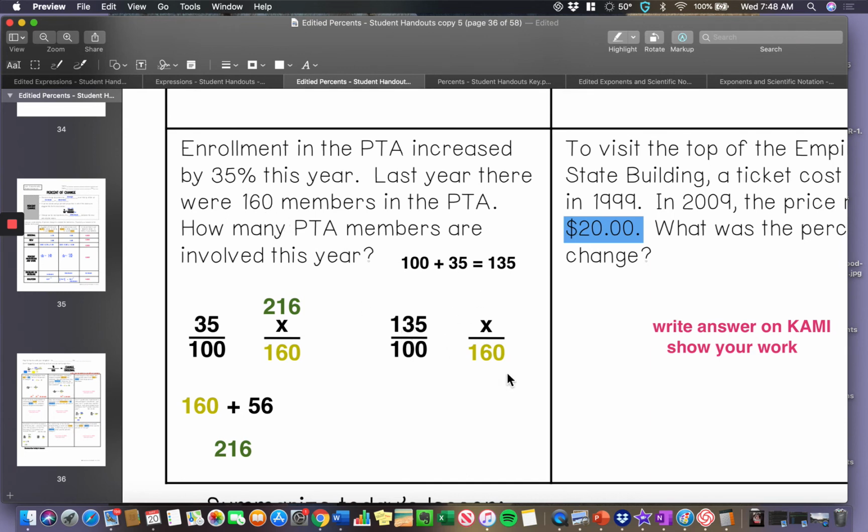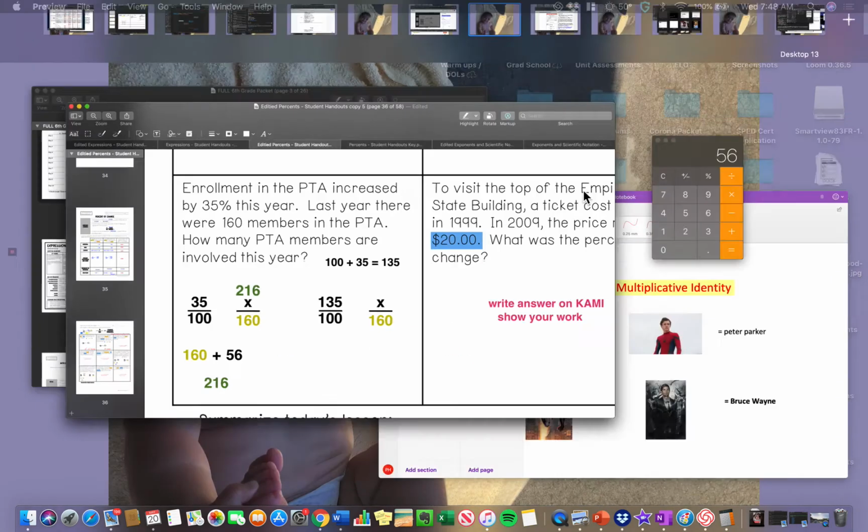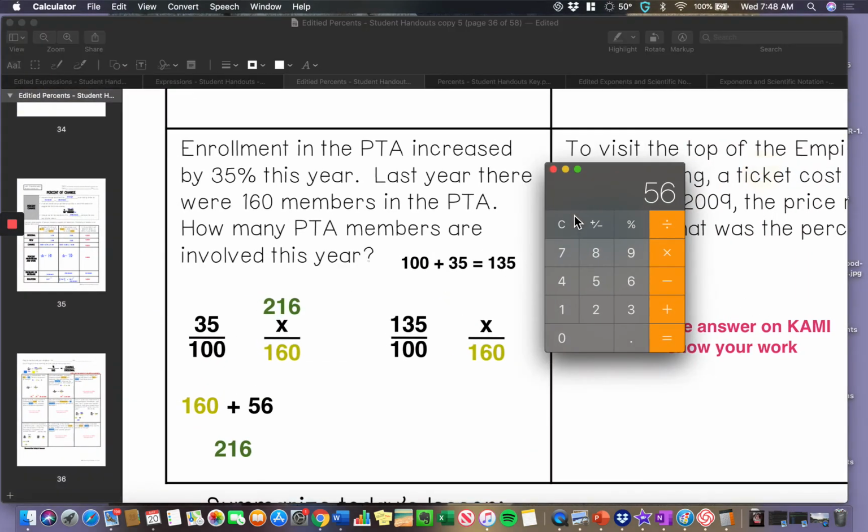So again, I can take 135%, which is the actual amount that we're going to have involved this year. We have 135% of last year. Times it by the 160, and then divide it by 100. So there's my 216.